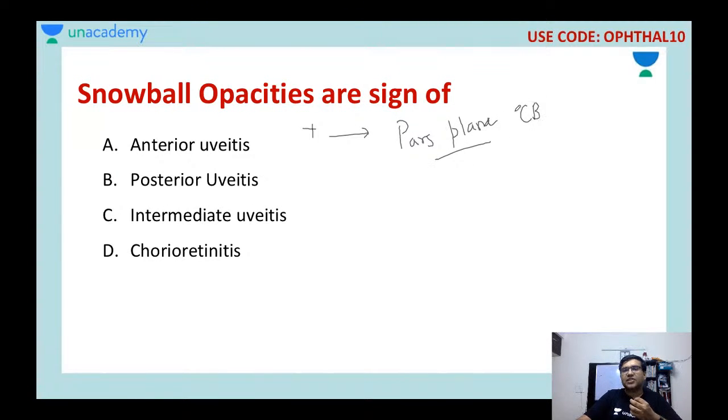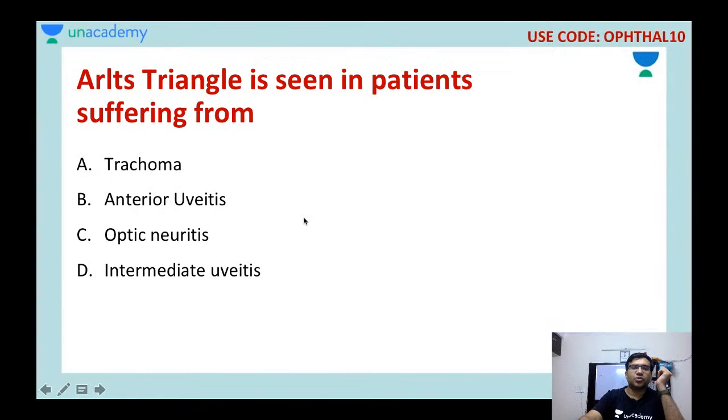Pars plana region of the ciliary body. This is basically called intermediate uveitis. Okay, so snowball opacities and snowflake opacities are seen in the patients who are having intermediate uveitis. Okay, let's move to our next question.